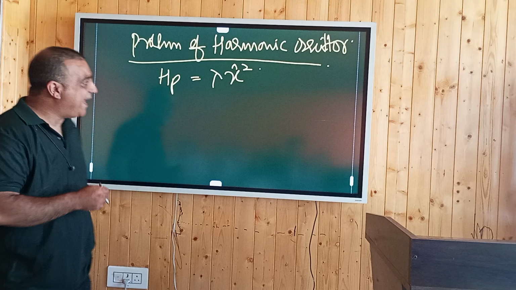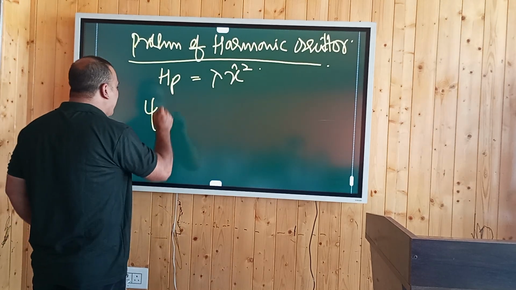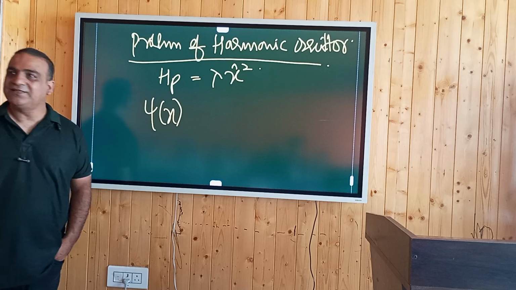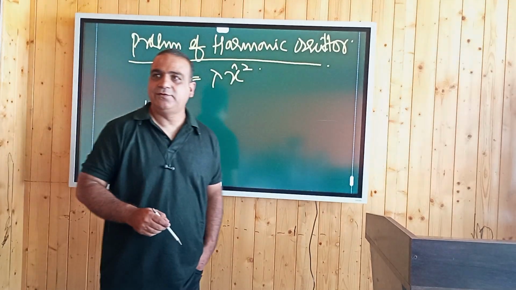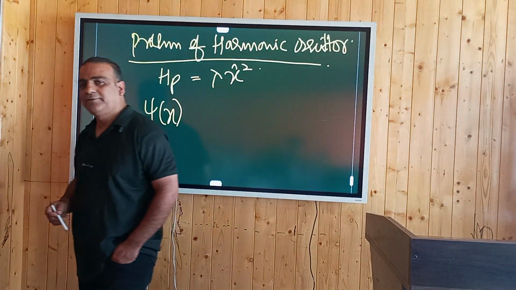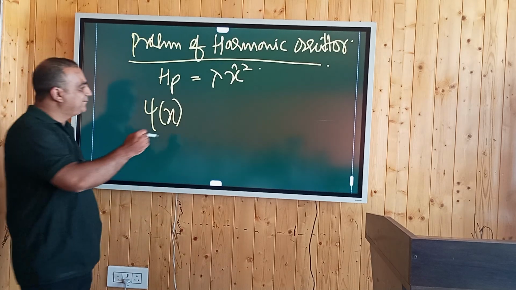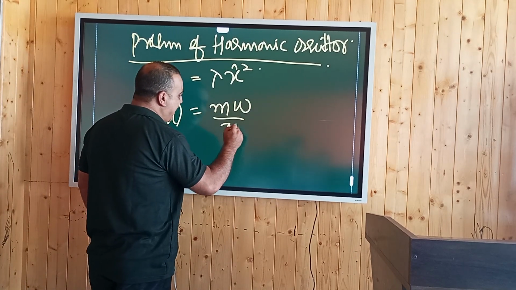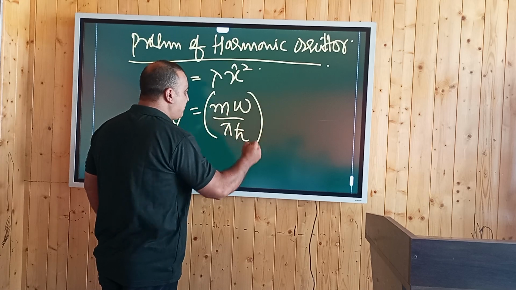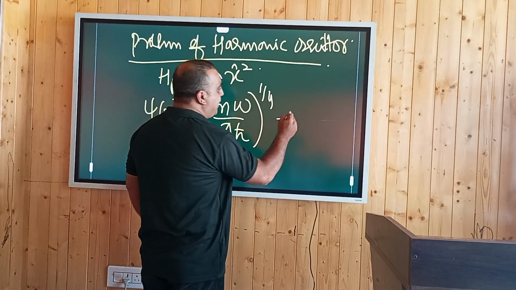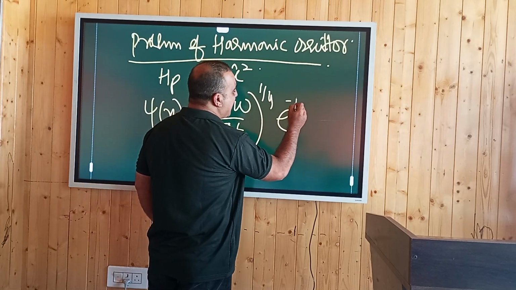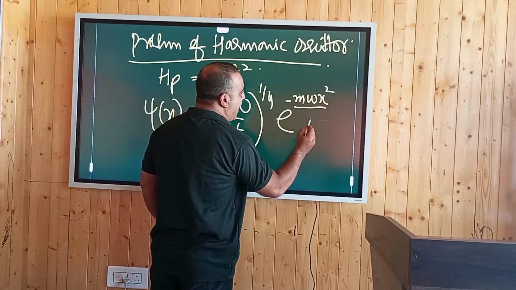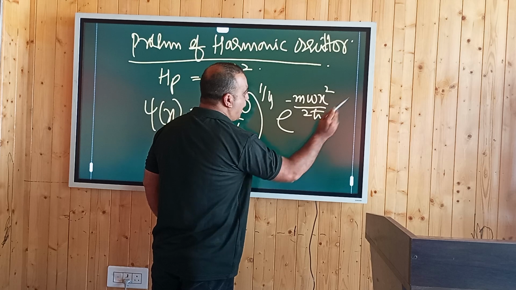If I represent that as, say for example, psi of x, does any one of you remember that equation? Yeah, what is that? That is (m omega by pi h cross) raised to the power 1 by 4, e to the power of minus m omega x squared by 2 h cross.